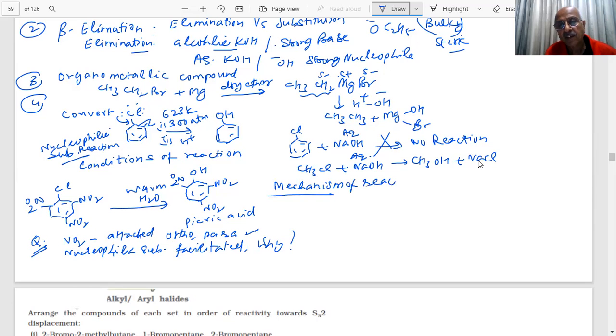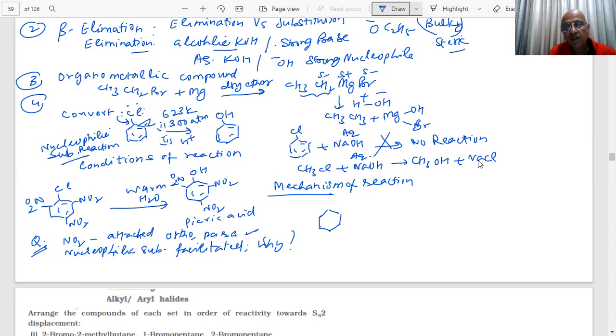Mechanism of the reaction is very important in such cases, student. The reaction proceeds through what is the intermediate involved in this reaction, students? What intermediate is involved? A carbanion will be the intermediate.